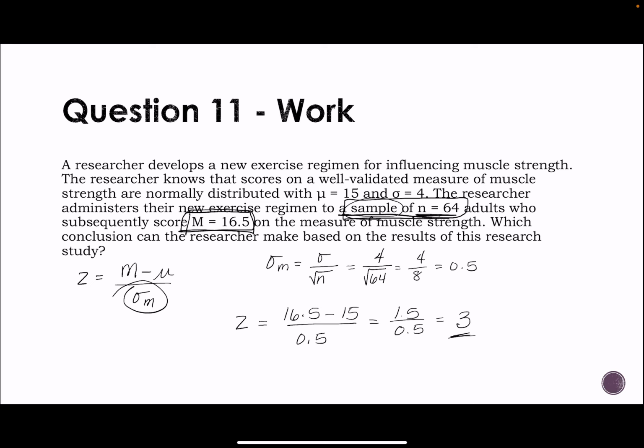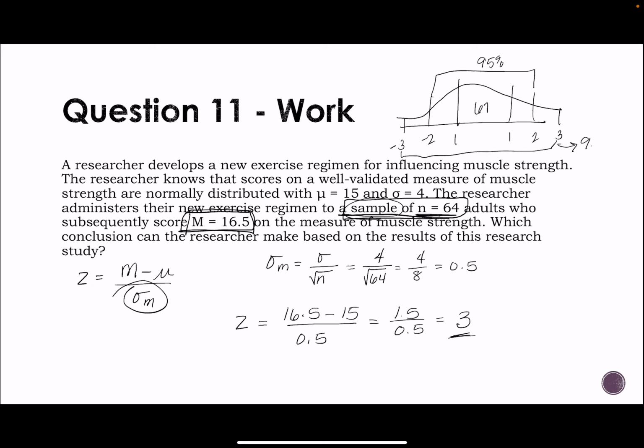being significant. Because remember, when we think about our z-scores and our percentages, again, just because I'm doing this for a mean doesn't change it. So if I have from negative 1 to 1 here, that's 67%. And if I go from 2 to negative 2, this right here, that's 95%. Well, when you go from negative 3 to positive 3, this whole thing is 99.9% of your data.